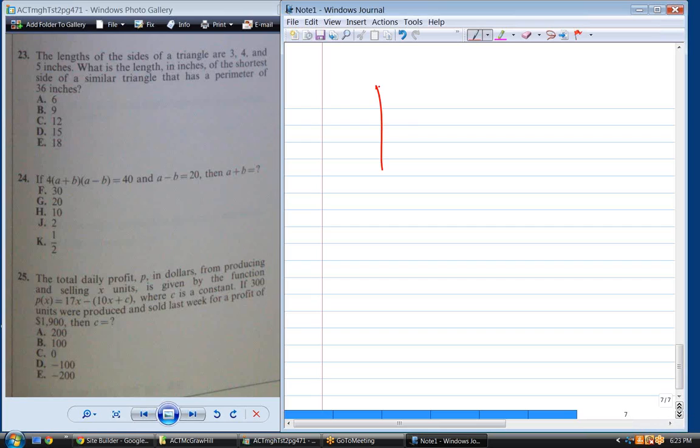The lengths of a triangle are 3, 4, 5. What kind of triangle is this? It's a right triangle. A right triangle is any triangle that has a right angle in it.